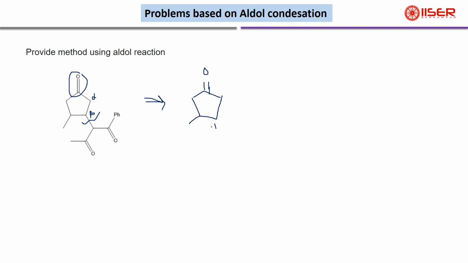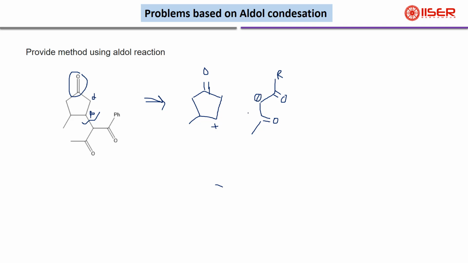So if you keep a positive charge here and this carbon is at the alpha carbon, you can keep a negative charge at this place.